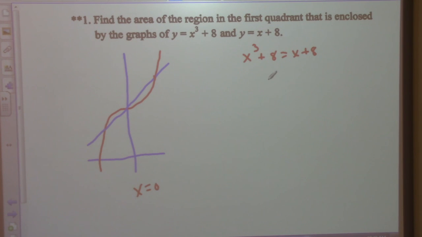And then what we get is x cubed equals x, or we can write it as x cubed minus x is equal to 0, and then we have x times x squared minus 1 equals 0.